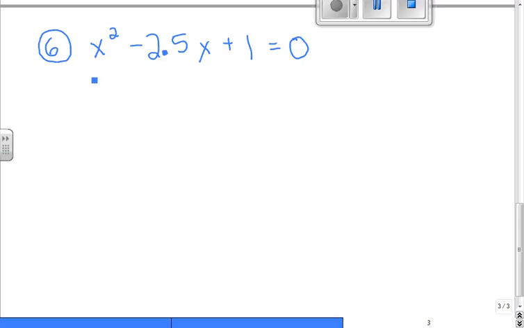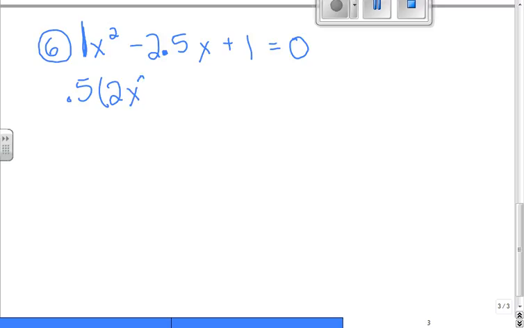Well, is there anything that all of the coefficients have in common? Let's see. This coefficient's 1, because if you don't see anything, it's always 1. What do 1, negative 2.5, and 1 have in common? If we think about this like money, we know that they have 0.5 in common. 50 cents. So 50 cents times 2 is $1.